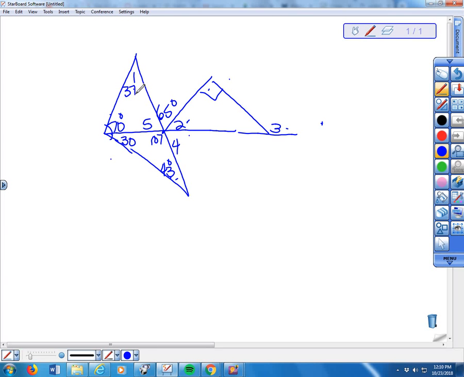Yes. So angle 1's 37. So angle 5 is going to be 107, 180 minus that, 93. Is that right? 70 plus 37 is 107. So 73.